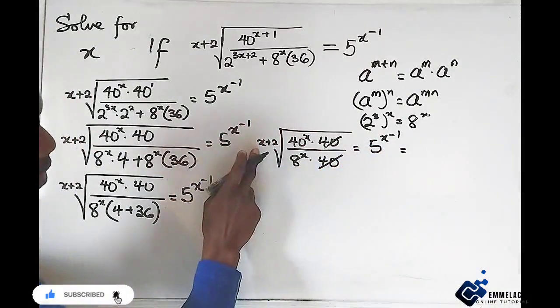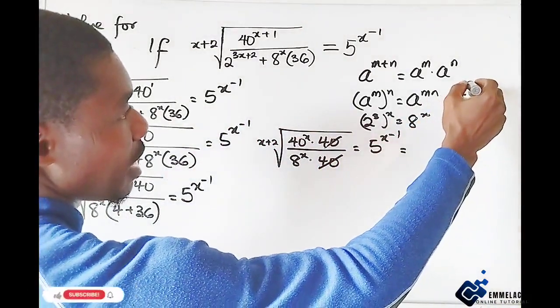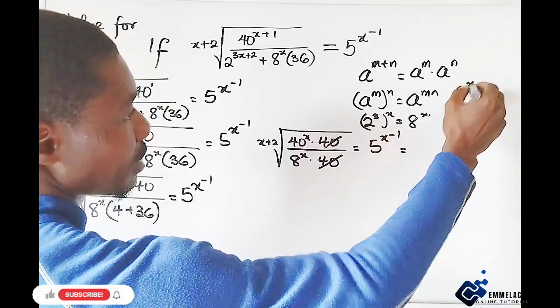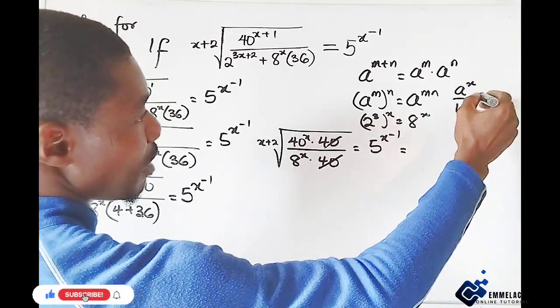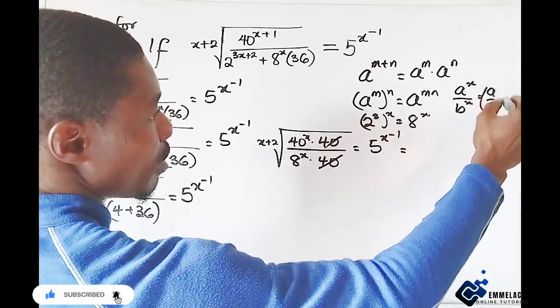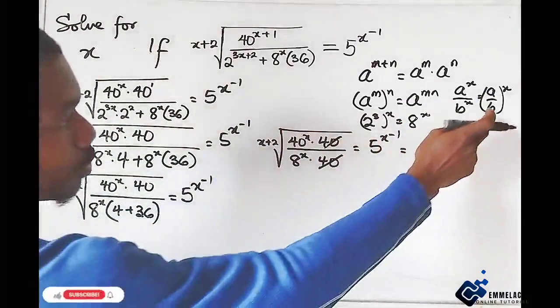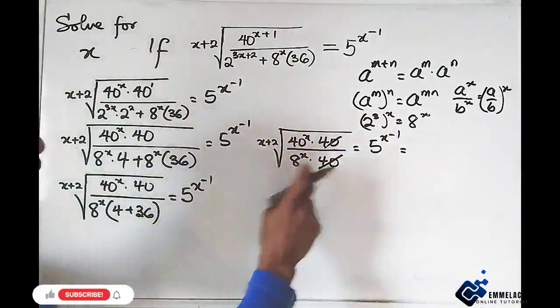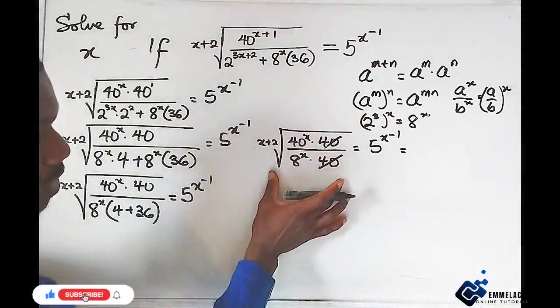Now let us also take note that if we have a raised to the power of x all over b raised to the power of x, as long as they have the same power, we can write it as a over b, all raised to the power of x. Let me just solve the left hand side.